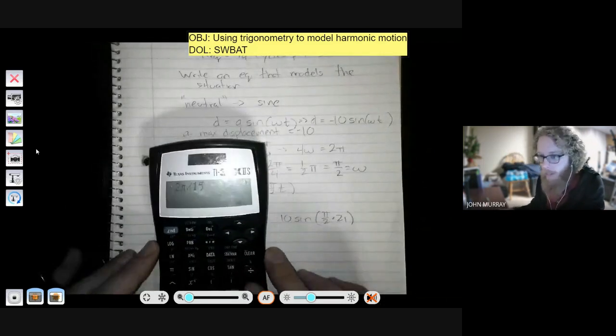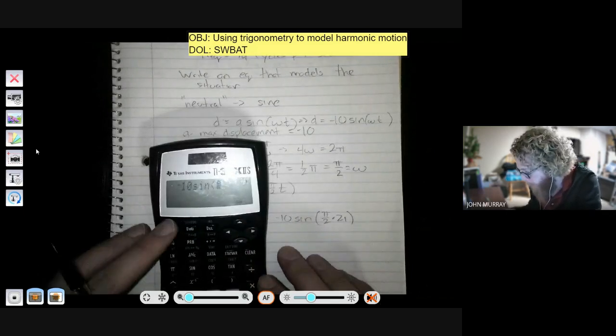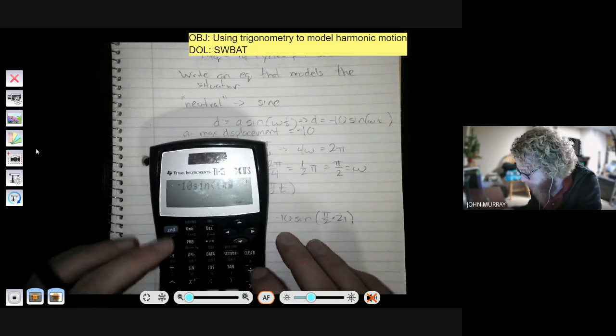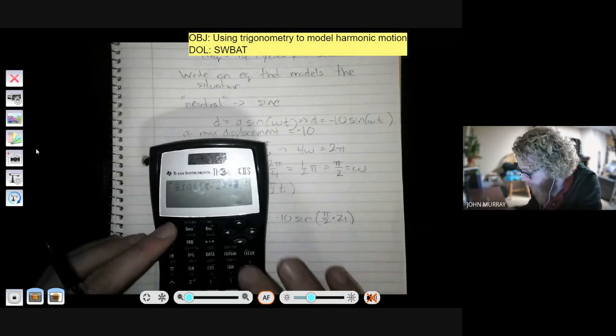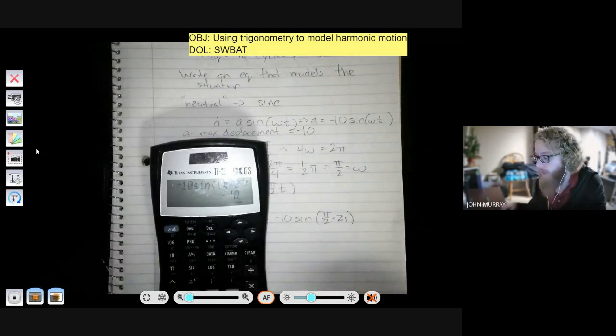So make sure we are in radians, and I could just type this in as I see it: -10 sine, another parentheses, pi over 2 times 21. So actually at 21 seconds, I'm back at -10.